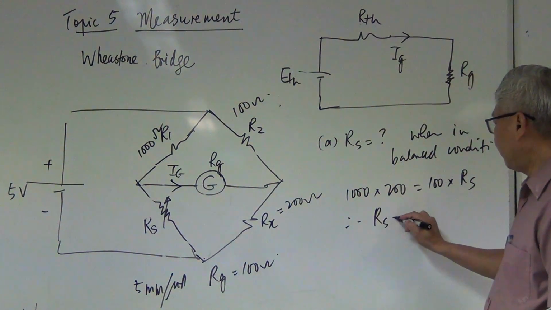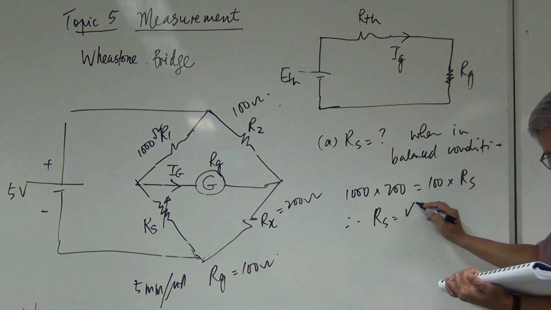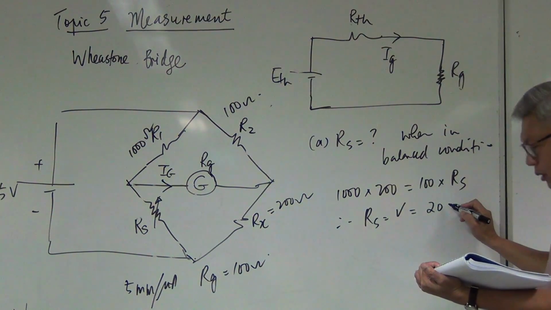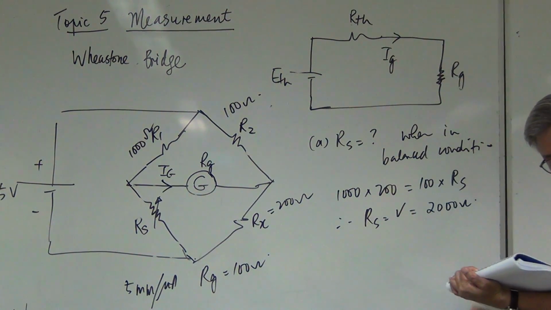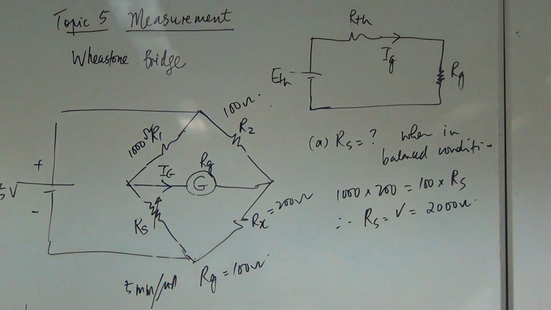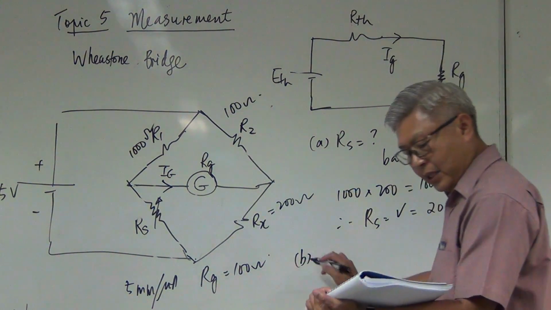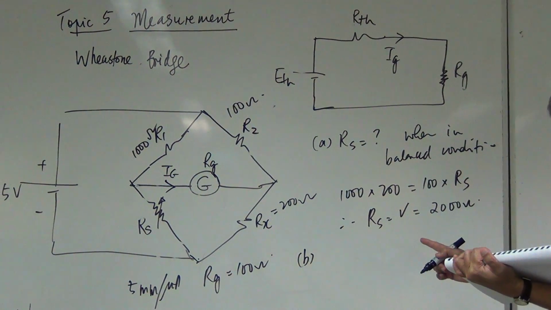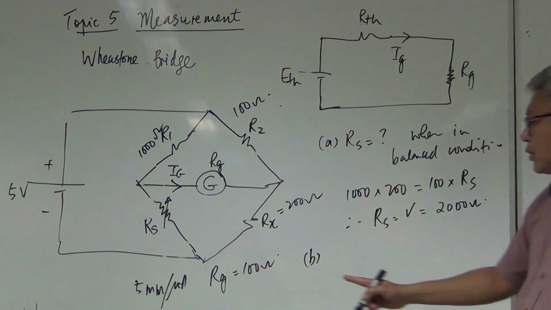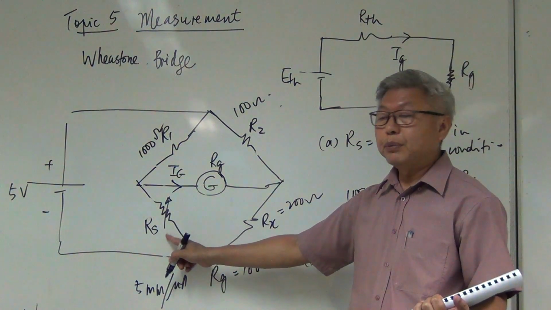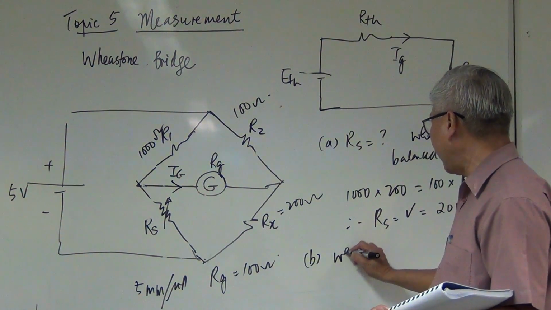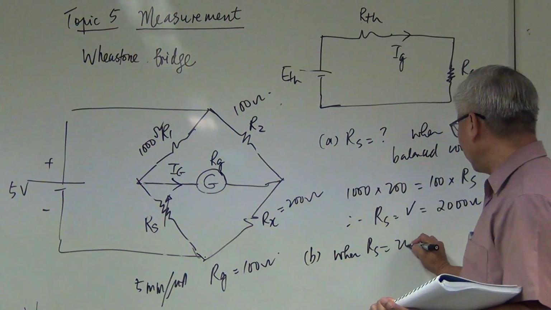Therefore RS can be found, and the answer is 2000 ohm. Part B, the circuit is going to be a bit unbalanced. You adjust this to have a little bit more, that means RS is equal to 2005 ohm.